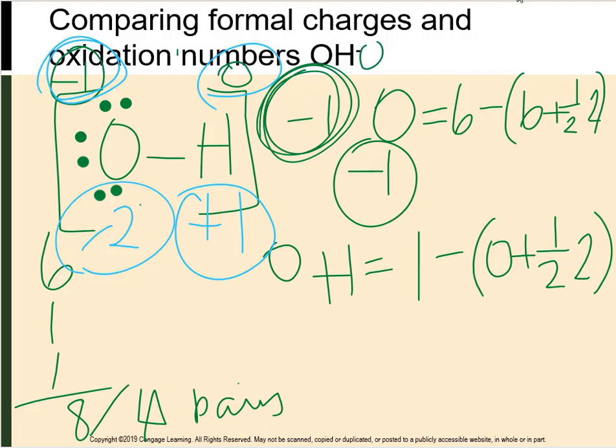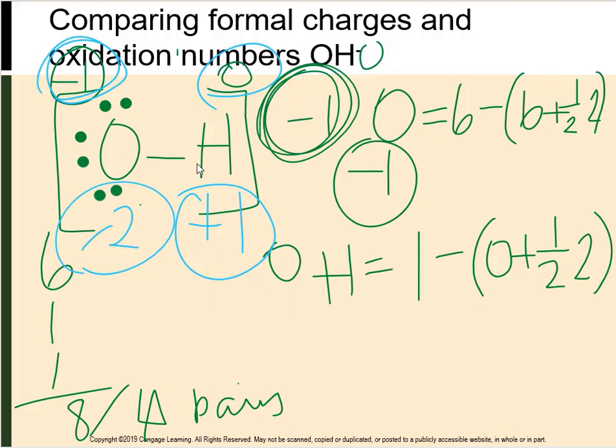So for OH- hydroxide, this means that the pair of electrons between O and H is located fully on O. So the O atom now has 8 valence electrons instead of 6, and grabbing 2 more to have that charge of -2. The hydrogen atom now has no valence electrons and a charge of +1.